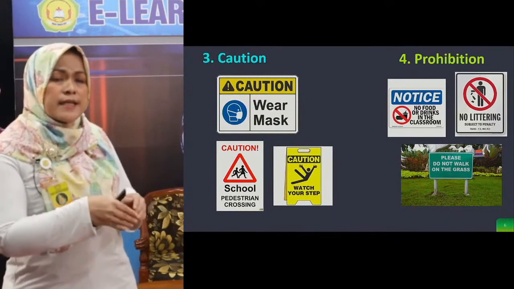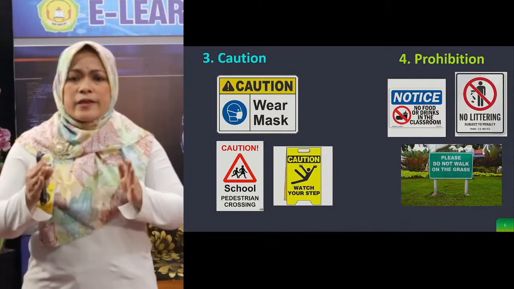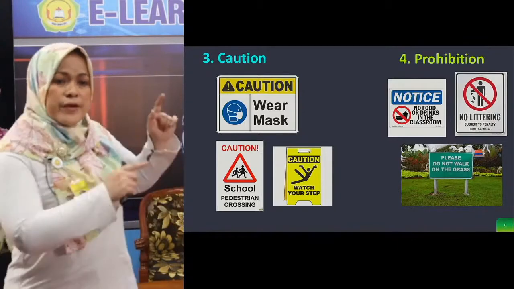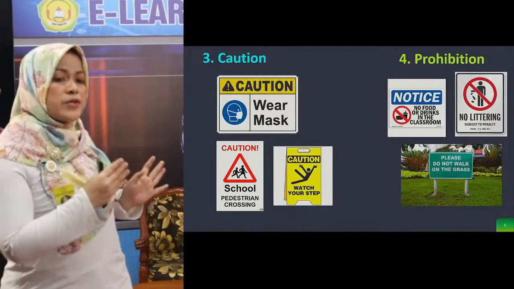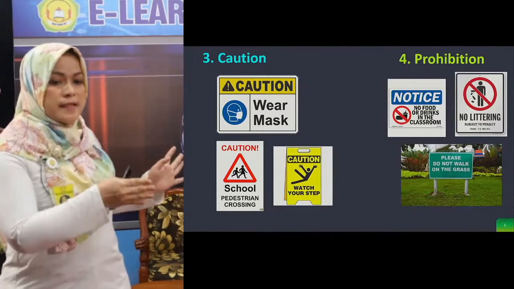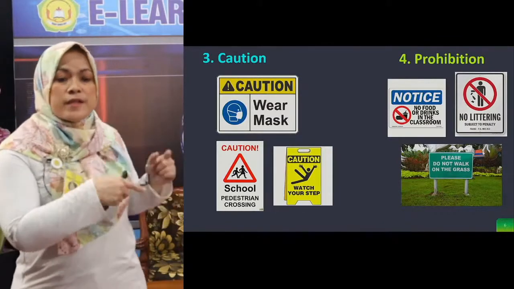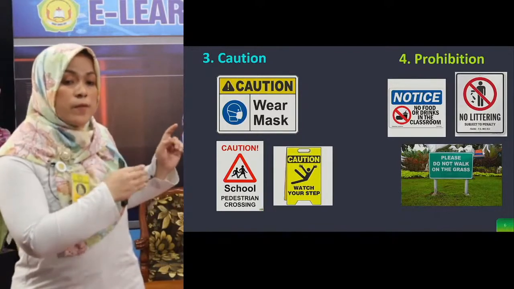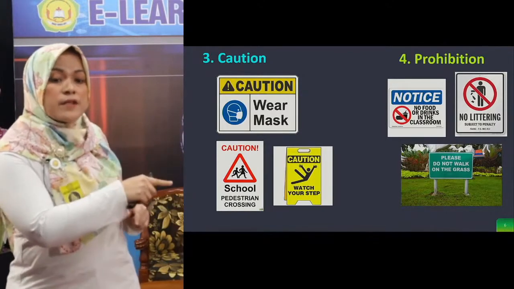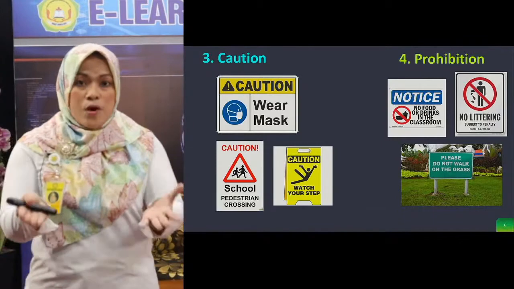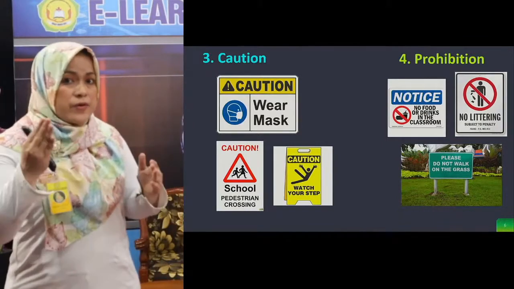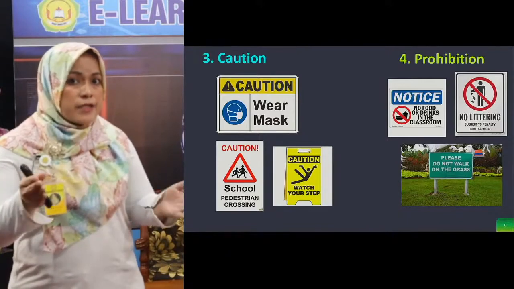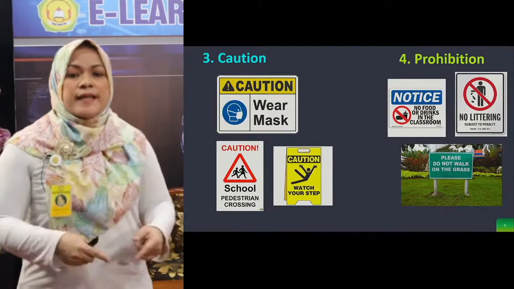Caution is kind of like telling you something, for example, for your own good, of course. The first one, caution, wear mask. And then again, caution, school pedestrians crossing. And then again, the last one, caution, watch your step. It's kind of like watch your step in case you get slippery.